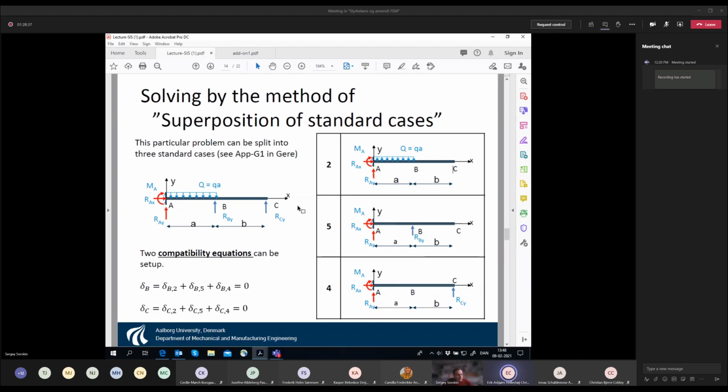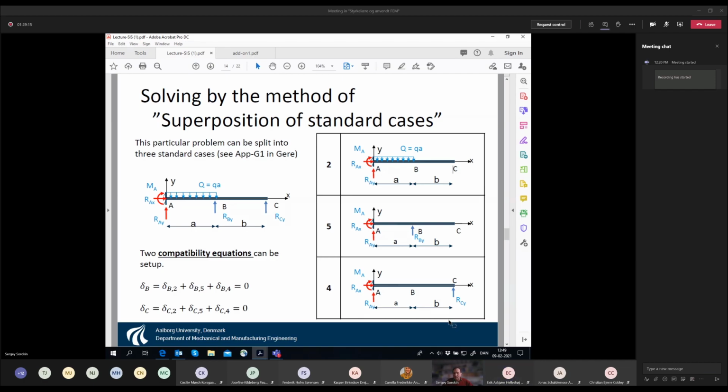Just to be completely sure, superposition, that means putting different forces together? The superposition means that the forces produce displacements. If you take these three forces and put them together, they will produce the displacement at point B and point C. But the result of the action of these forces together is the superposition of results of these forces acting one by one.